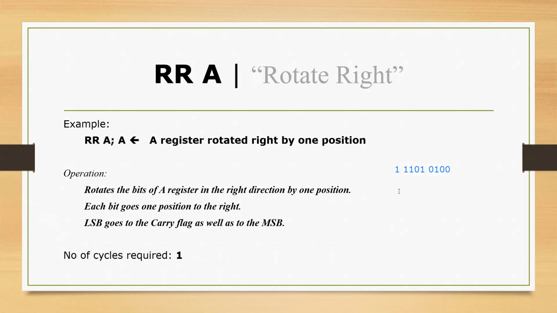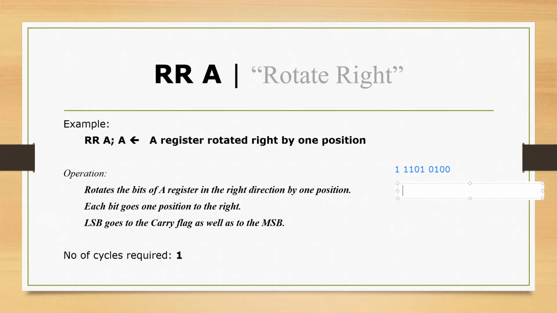So if this is the number in the accumulator register, every bit is shifted to right by rotating the bits of a register in the right direction by 1 position. So every bit will be rotated to the right. So what happens here?